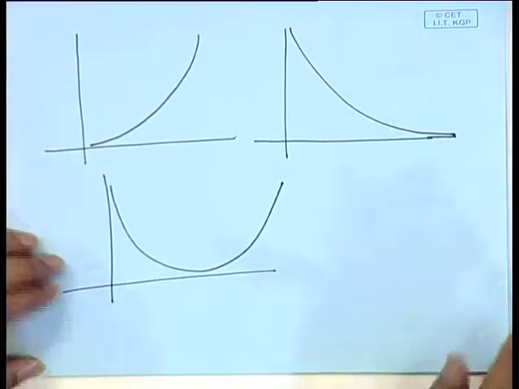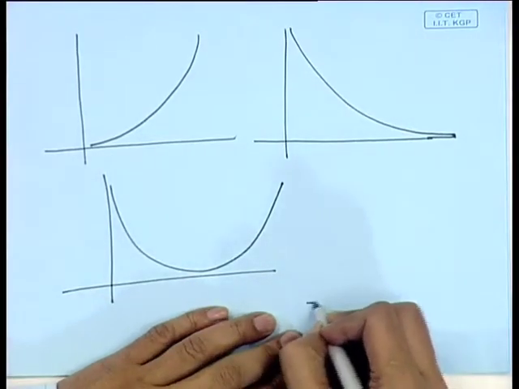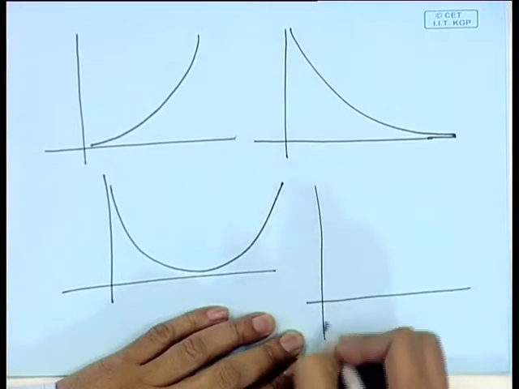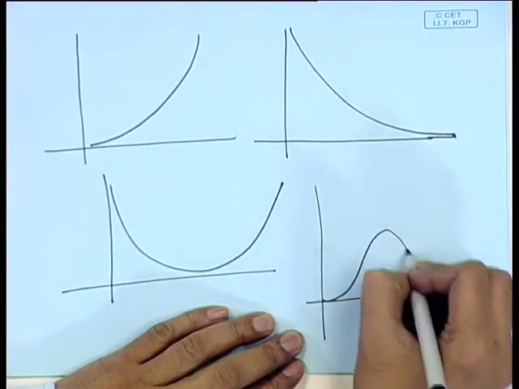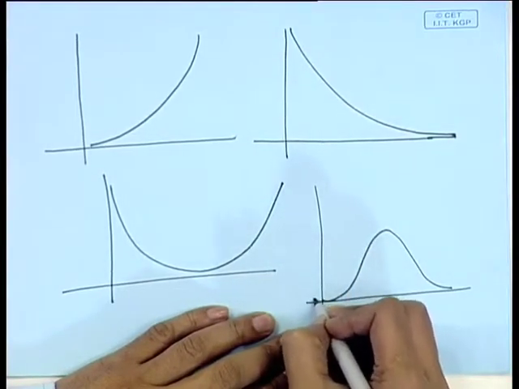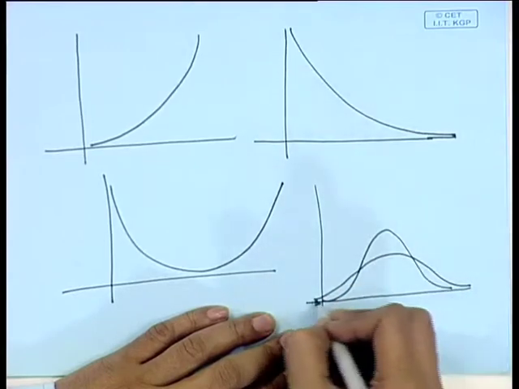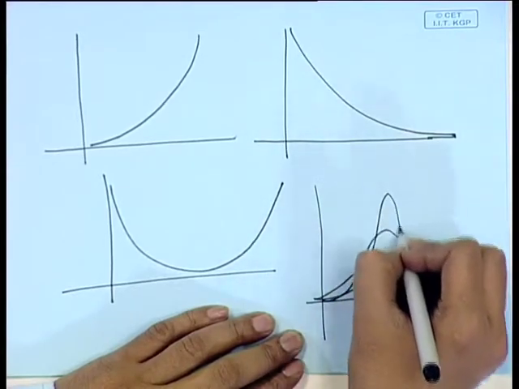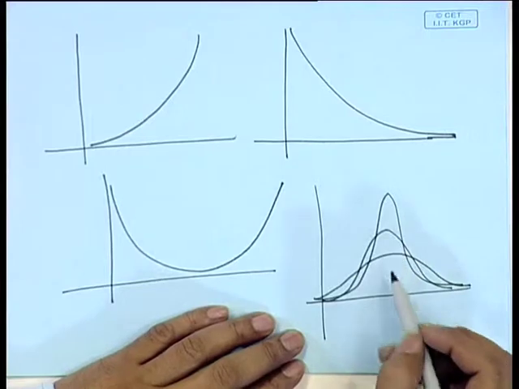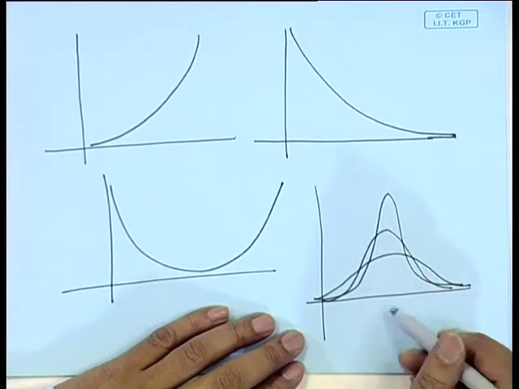So, you may also classify according to another characteristic, something like you may have a distribution of this nature and you may have a curve of this nature, you may have a curve of this nature. So, this tells about the concentration of the values.